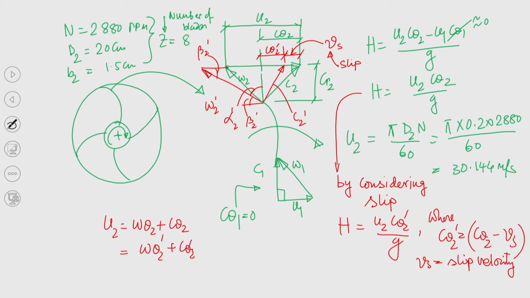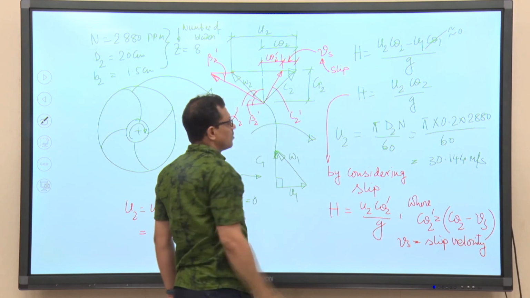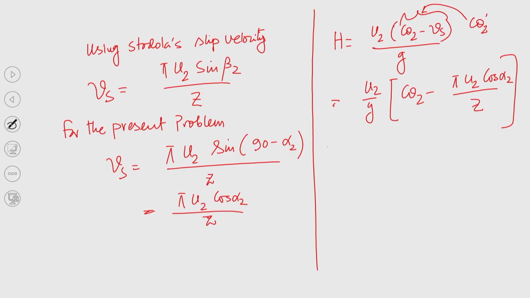So, this is what we know, right, because of this slip the relative velocity also will change its initial original location and this will be the final location. Okay. So, in this expression if we try to write, that is nothing but u2 by g into what is c theta 2?